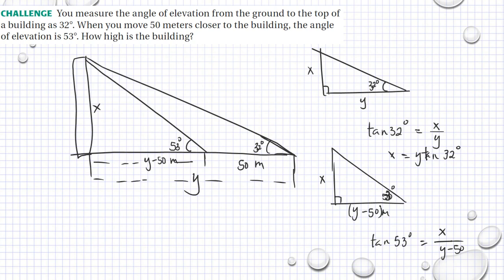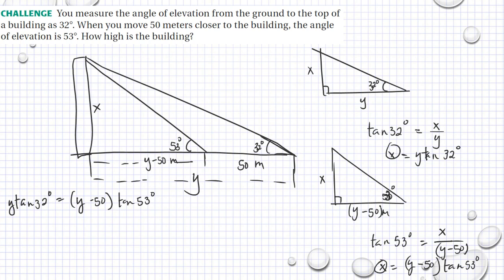So if we put that in for x, then we only have y. So y tangent 32 degrees is equal to y minus 50 times tangent 53 degrees. I will explain this. If we multiply both sides of the equation by y minus 50, then we have x is equal to y minus 50 multiplied by tangent 53 degrees, and then I equated the x's.